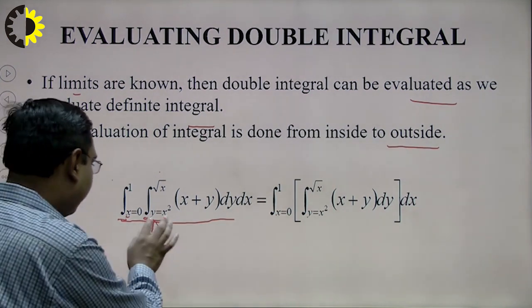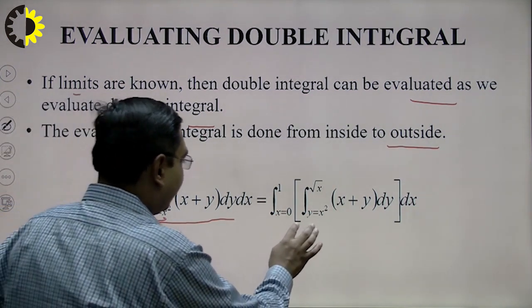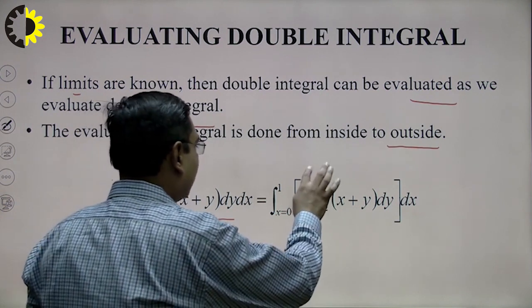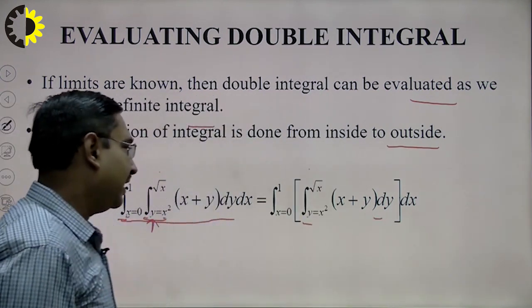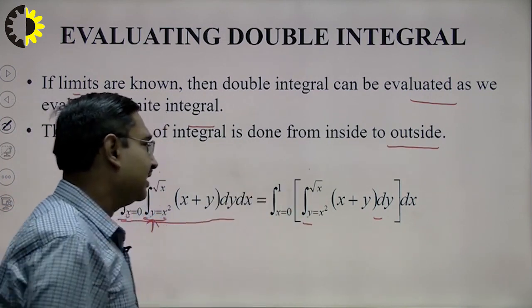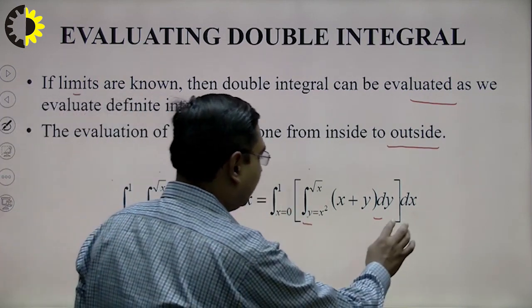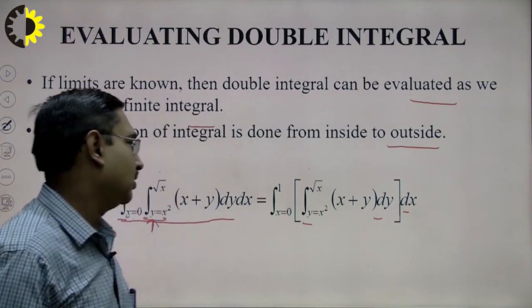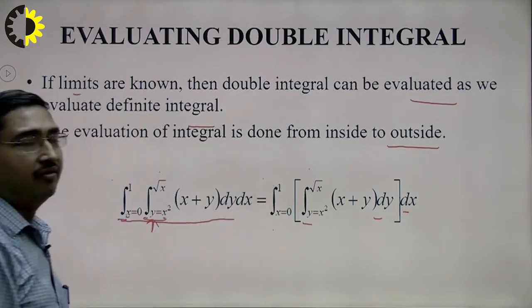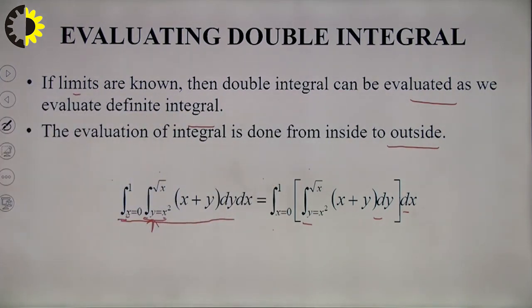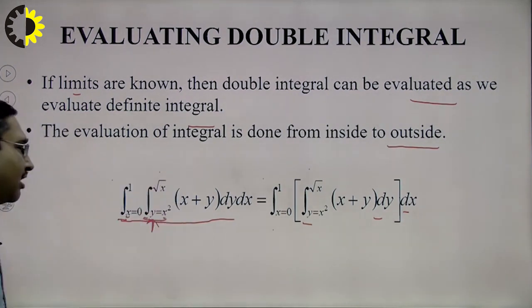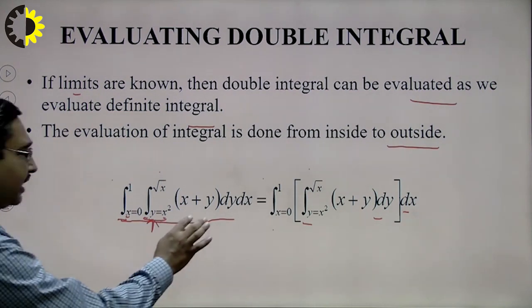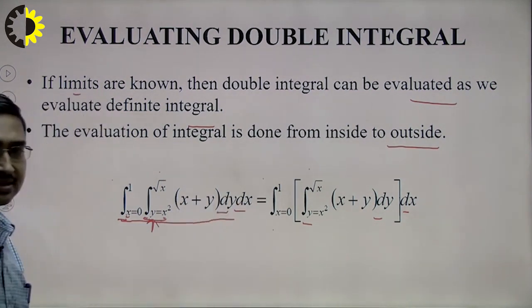Thus, what we will do, we can write it as the integral for y equal to x square to root x of (x plus y) dy, and then the result will be integrated with respect to x for the limits of x. Here we should note that the limits of y are from x square to root x and here we are writing dy dx.